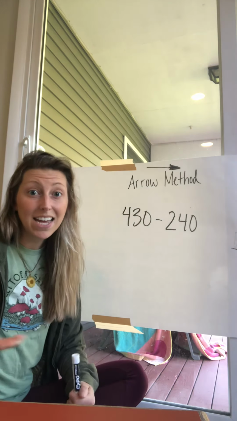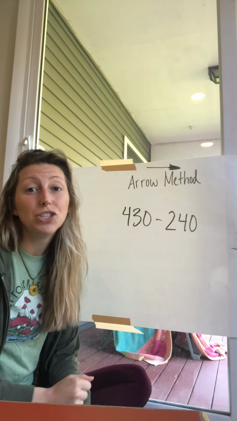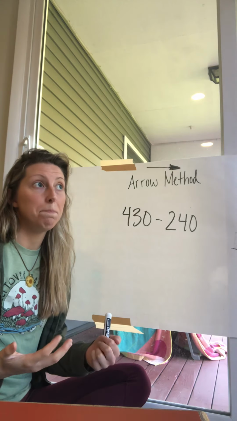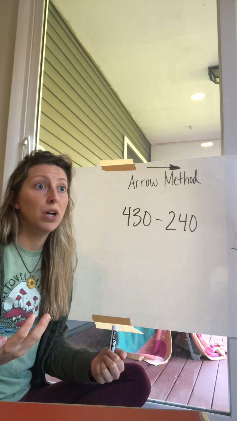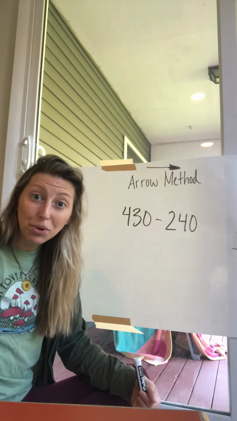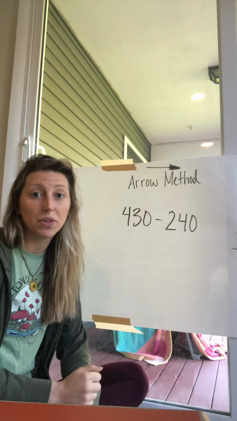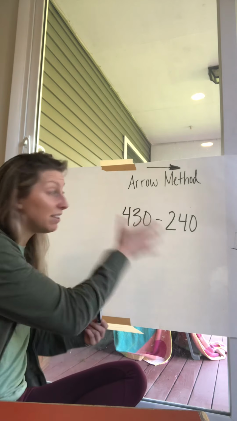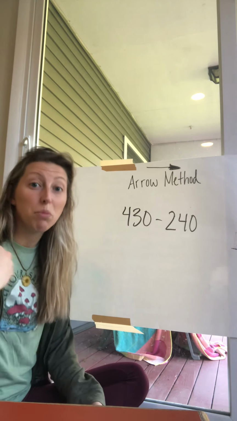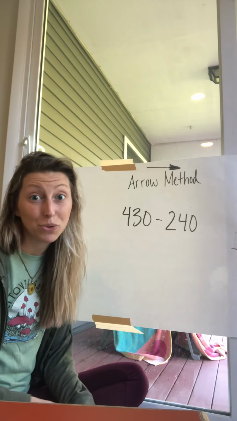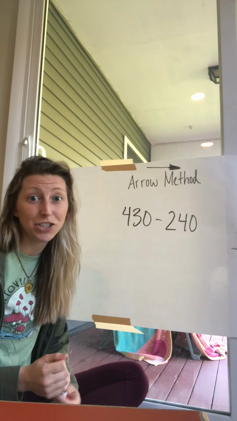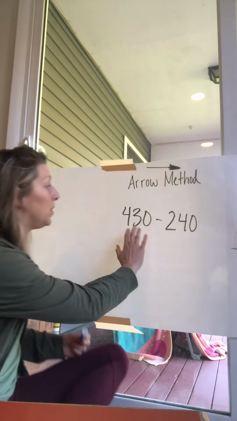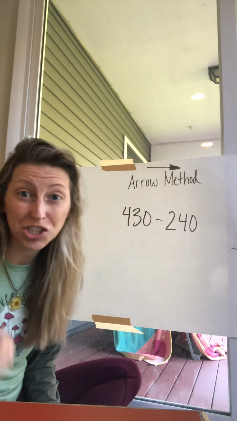Well, yes, they can, but it's also good to have that number sense, to have your child be able to mentally break it down in their brains instead of having to write it down. So this is just the start of it, which I know sometimes it is difficult to train your brains like that. But the more we practice, the more we get used to it. Okay, so I strongly encourage you to continue practicing that arrow method. So we have 430 and we're taking away 240.